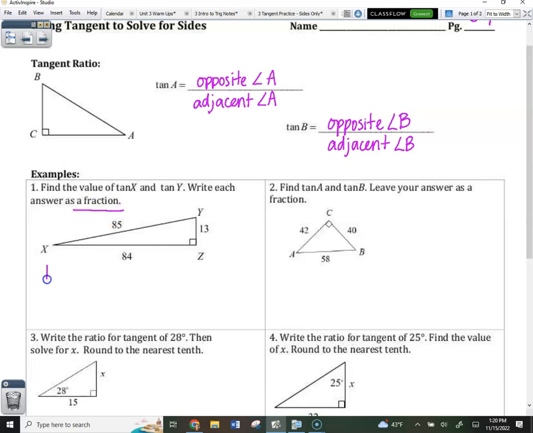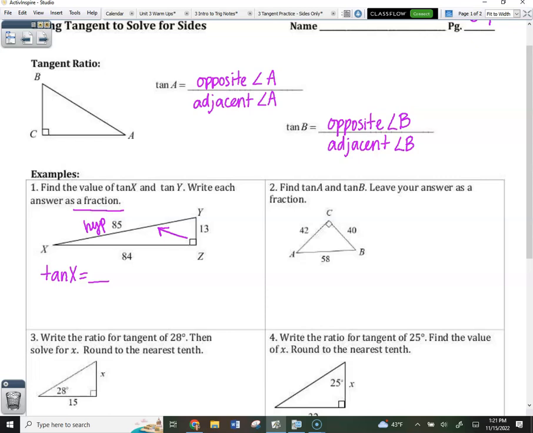So tan of x. Now, what should we label in our picture so we don't accidentally use it as one of our opposite or adjacent numbers? Let's label the hypotenuse. In this case, it would be 85. I'm going to write hypotenuse. And you notice that is never used in tangent. Tangent doesn't use the hypotenuse.